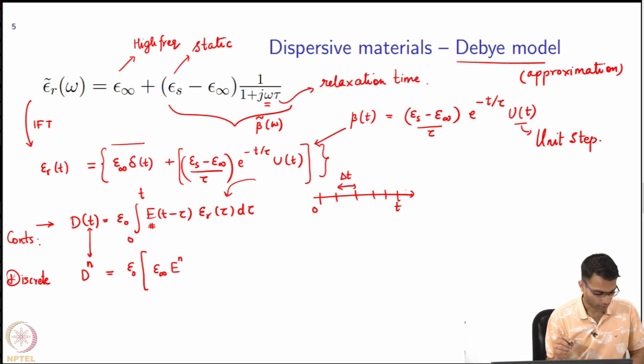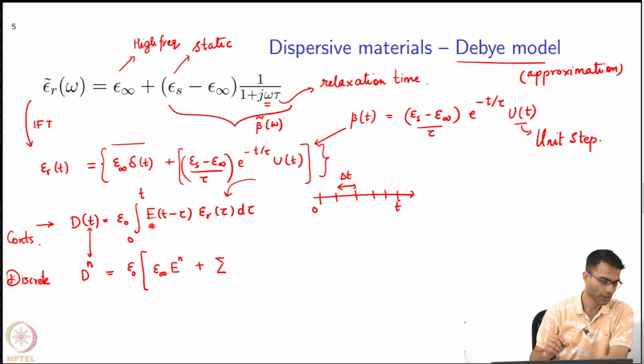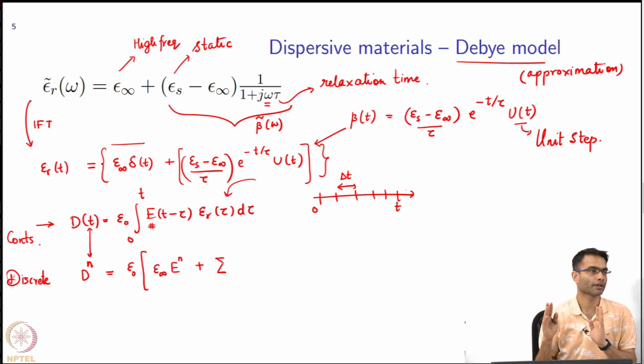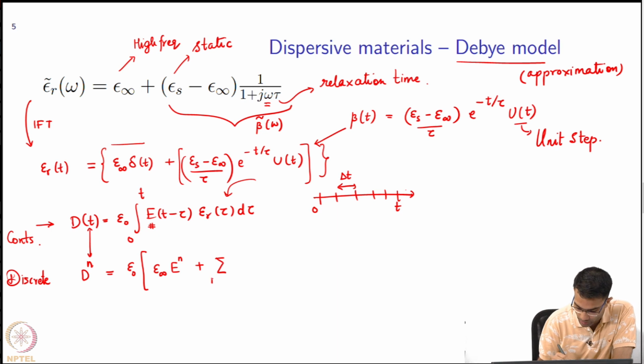All right. Next term, here is where the fun starts, right. I am going to assume that over each time interval the electric field does not change, right. So I am going to have a summation, m equal to 0 to, say, n minus 1. Okay. So for example, this is n, right.